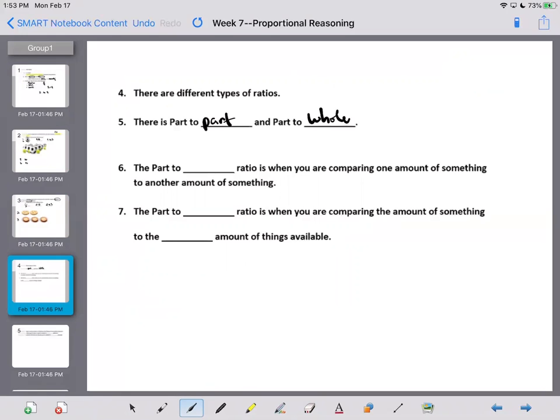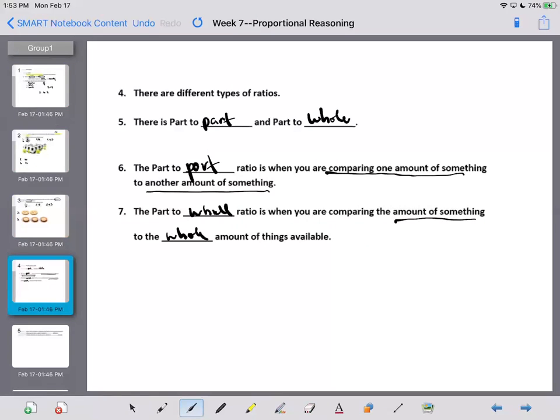But then all fractions are going to be considered that part to whole in regard to a whole. So the part to part ratio is when you're comparing one amount of something to another amount of something. The 2 apple pies to 3 cheesecakes. The part to whole ratio is when you're comparing that amount of something to the whole amount of things available.